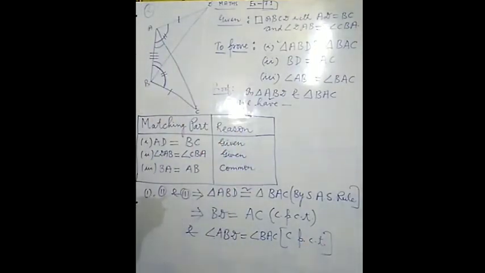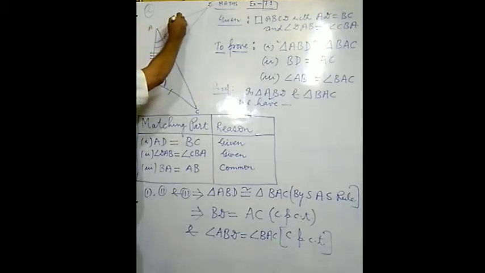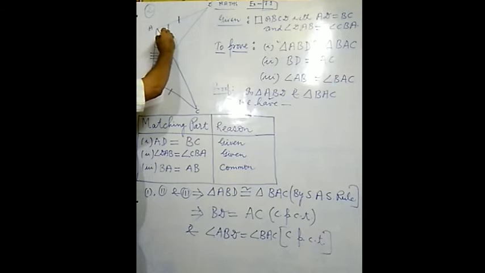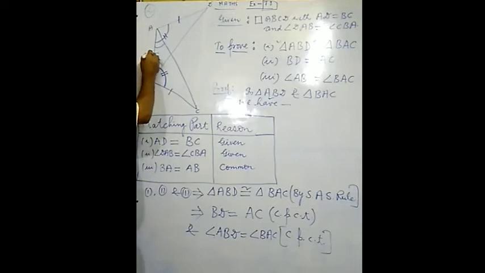One thing remarkable here: in the figure, you will draw in such a way that all the matching parts are clear. One line indicates the first matching part, the second line indicates the second matching part, and three lines indicate the third matching part.